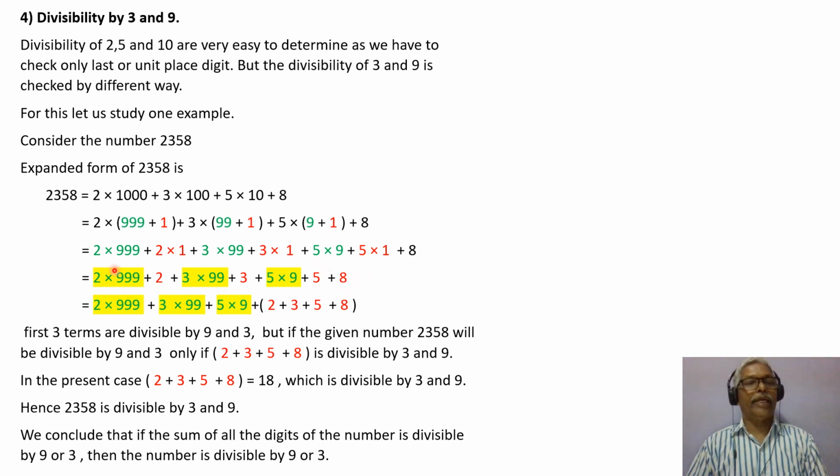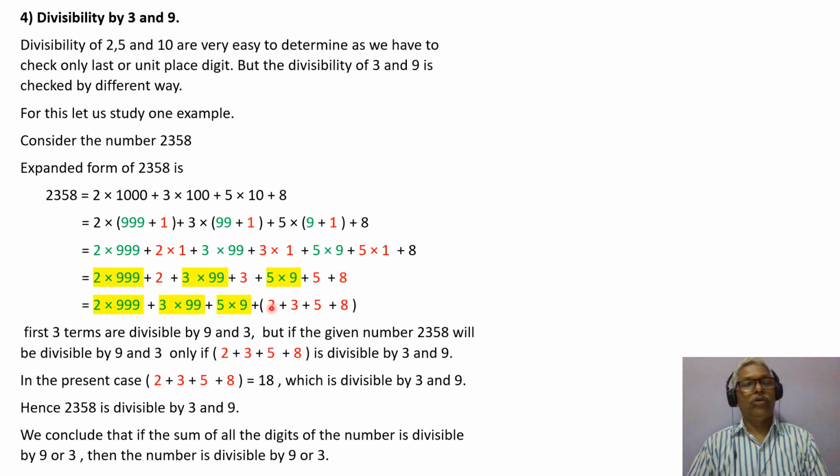Now we will collect all these terms with 9, 99 and 999 together. So 2 into 999 plus 3 into 99 plus 5 into 9, keep them all together and bring the other terms together. What remains here is 2 plus 3 plus 5 plus 8, so keep them in a bracket.